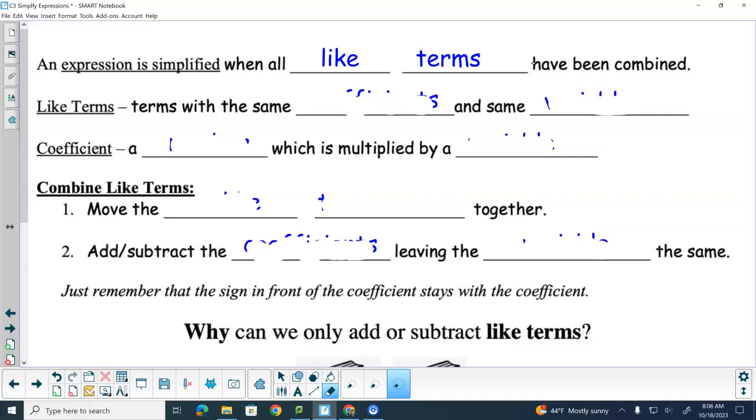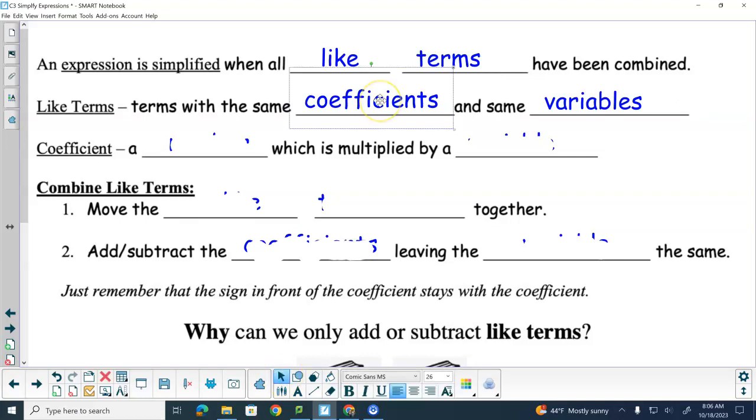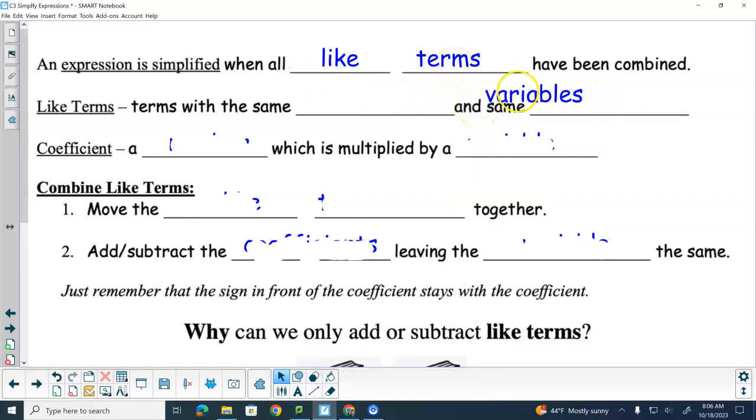Like terms from yesterday are terms with the same, hold on, that shouldn't be coefficients. That should be variables and exponents. Tap the brakes. We have to change that one. Delete that one. We'll move variables over here and exponents here.